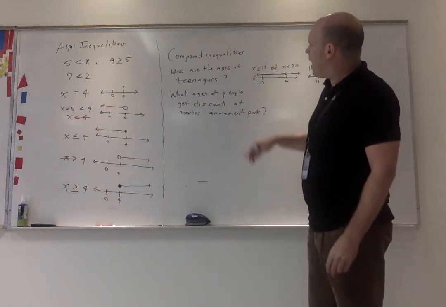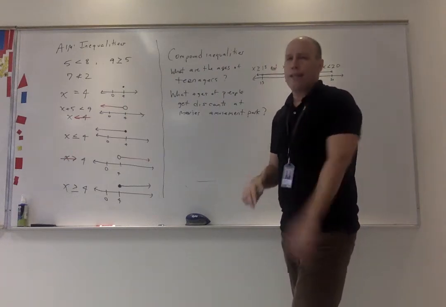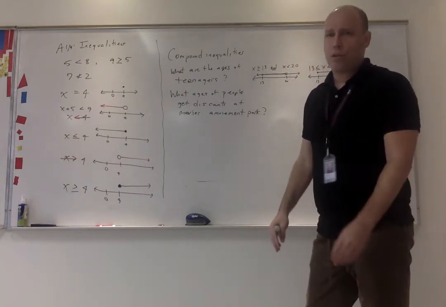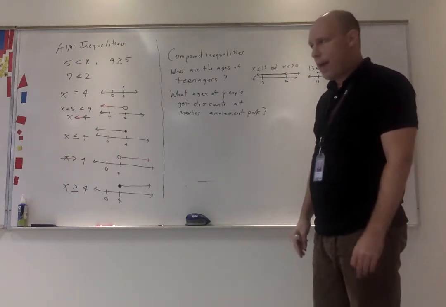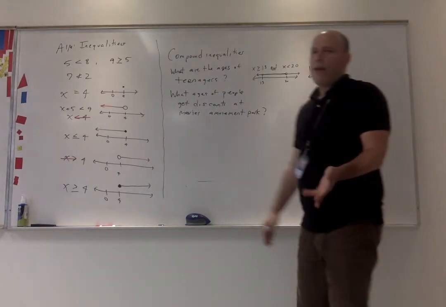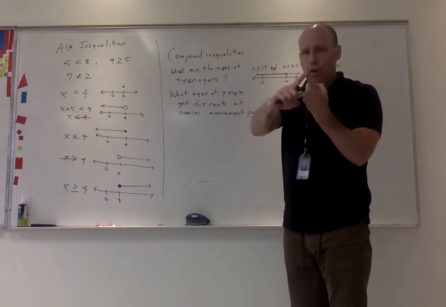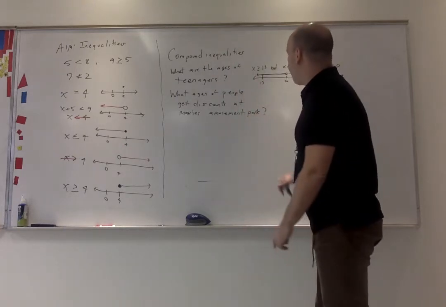Well, the next case is something a little bit different. For example, who gets discounts at the movie theaters? Well, I want you to think about that. Okay, I know two groups of people who get discounts at the movie theaters. First, kids under 12.